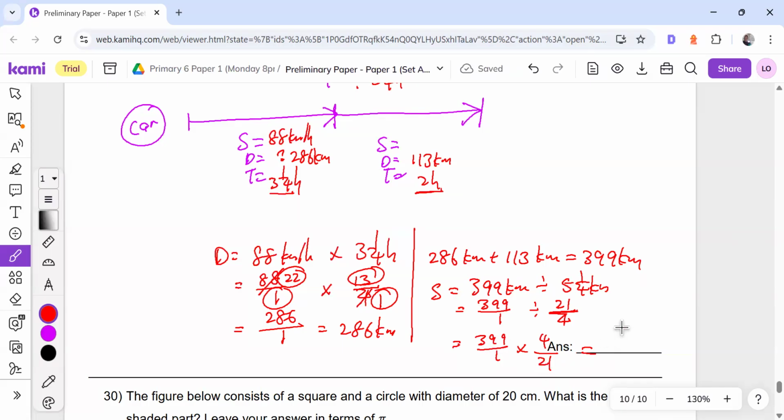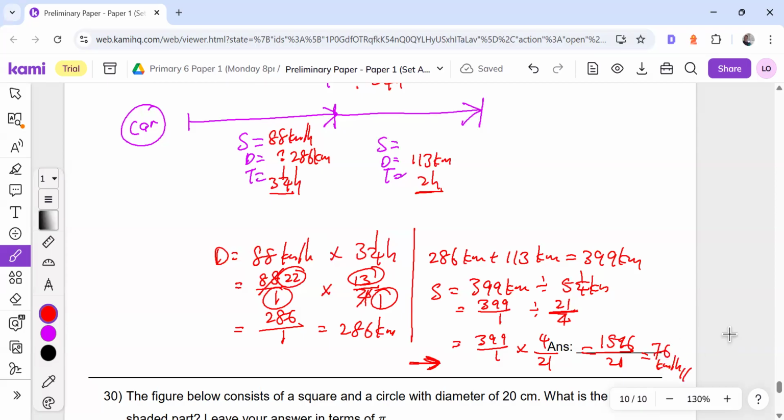So I'm going to do it a bit faster for you. If you can use a calculator, so I'm going to take this as a calculator. We do this using a calculator. So if you can use a calculator, don't cancel. Just take 399 times 4, you get 1596, and then divide by 21. And then get the answer. So 1596 divided by 21, and you get your answer, 76 kilometers per hour.